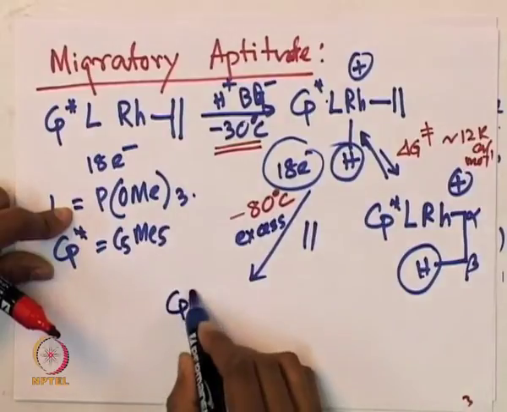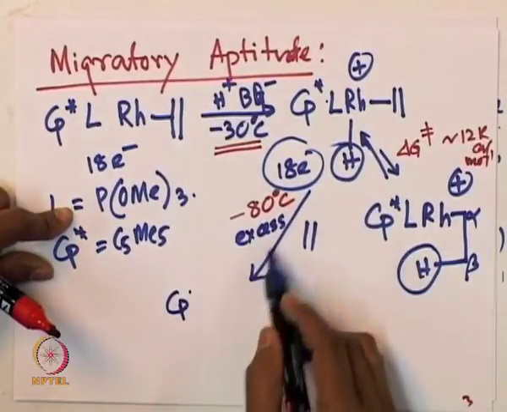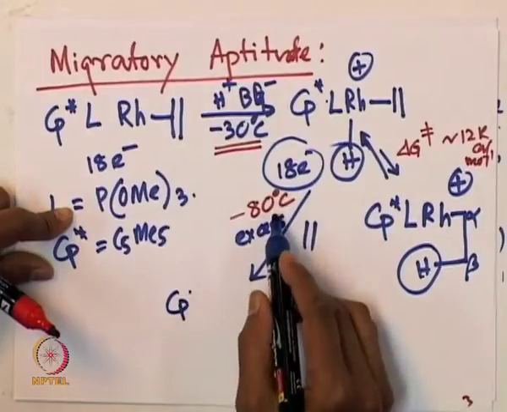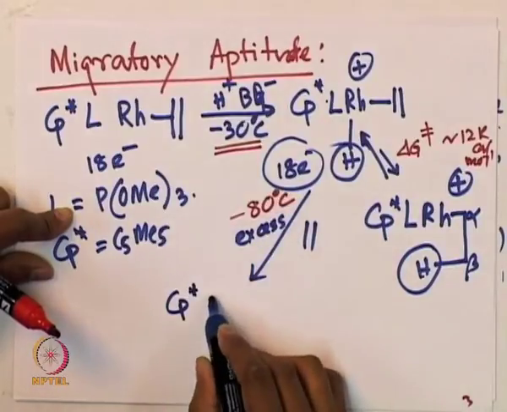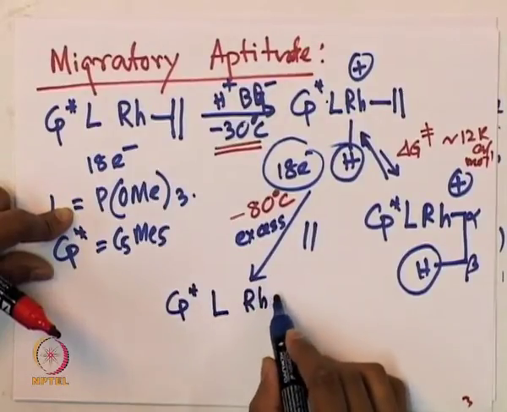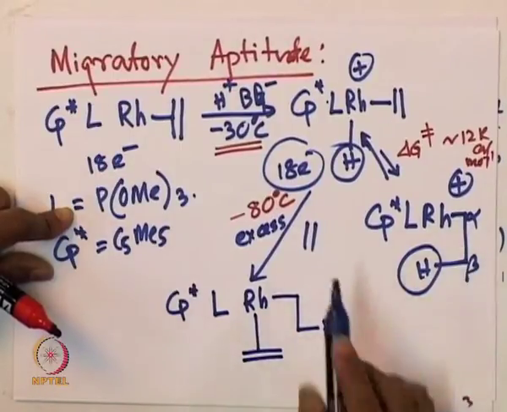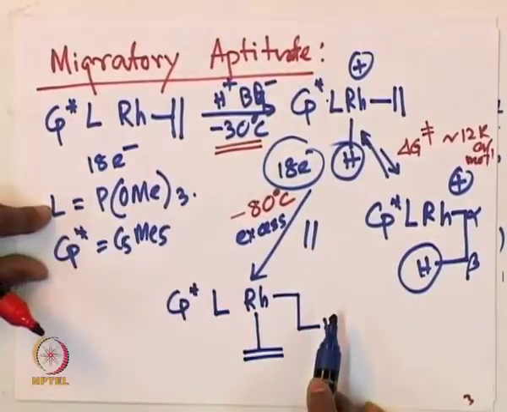Then the product, as you can imagine, will be, after minus 30 degrees C you cool down faster to minus 80 degrees C, the one where you have the olefin coordinated with this alkyl intermediate.